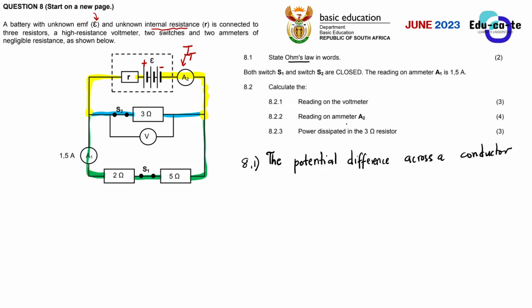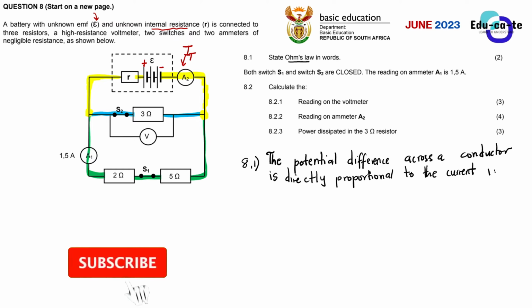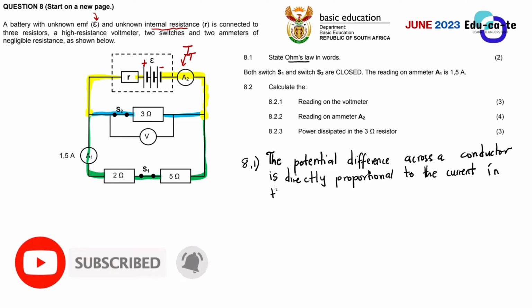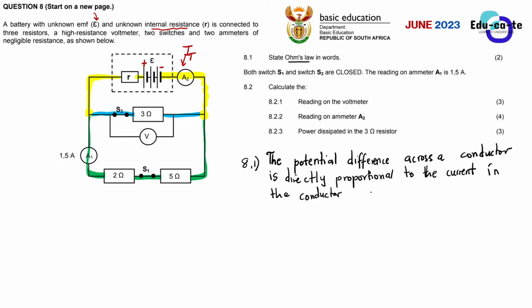We say that the potential difference across the conductor is directly proportional to the current that is flowing in the conductor, or through the conductor, at a constant temperature. This is how you state your Ohm's law.